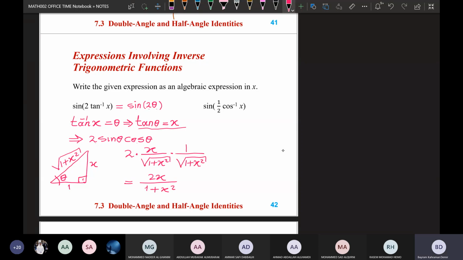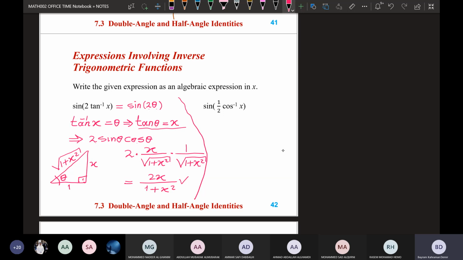So it will be 2 times x over root 1 plus x squared times 1 over root 1 plus x squared. At the end, you will get 2x divided by 1 plus x squared, Shabab. That is the answer.